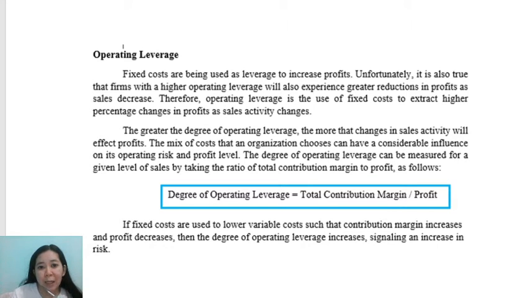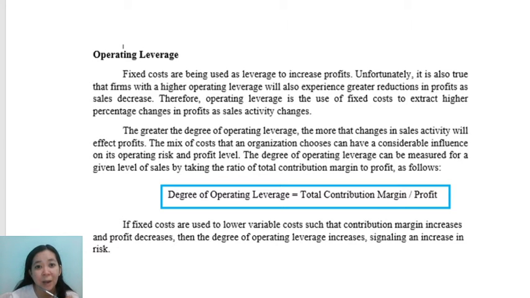When we say operating leverage, it actually has a basis from the field of science. When we say leverage, in science terms, we mean it's like a lever, meaning there is something that helps in pulling a heavy object.